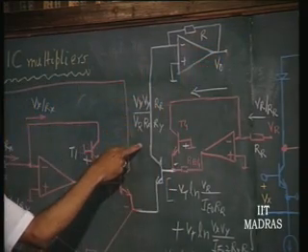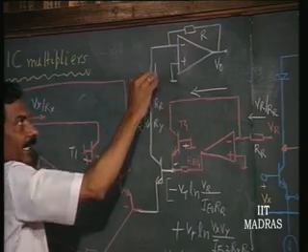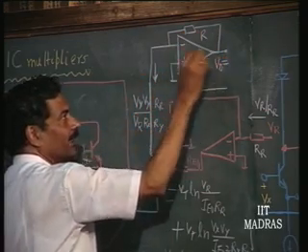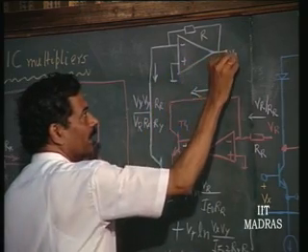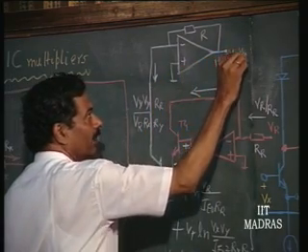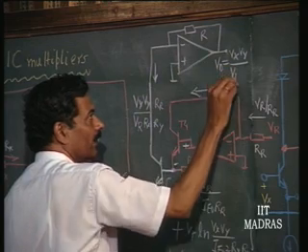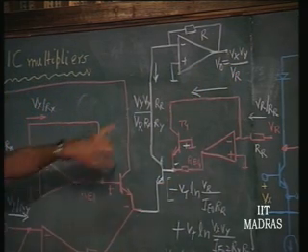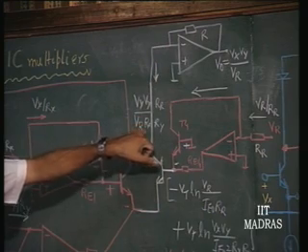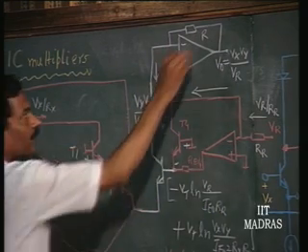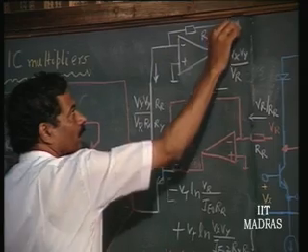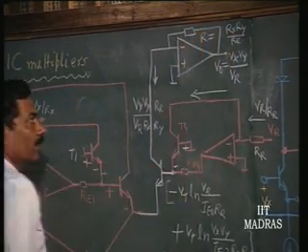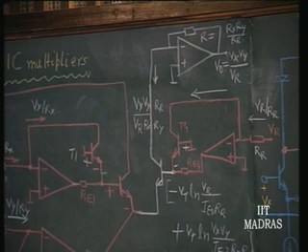This I is flowing in this direction. So I times r, which is nothing but V_x V_y by V_r, and I will make r equal to R_x R_y by R_r. Then the output will be simply V_x V_y by V_r.